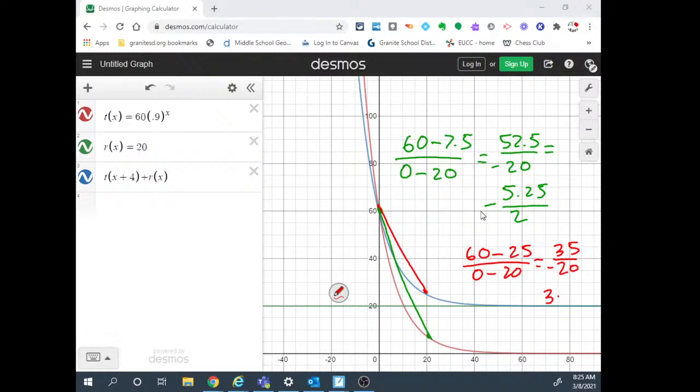So something like negative 3.5 over 2. You can kind of see the difference there. This one's decreasing 3.5 degrees every 2 minutes. This one's decreasing 5.25 every 2 minutes. Probably look at those as different ratios. Alright.